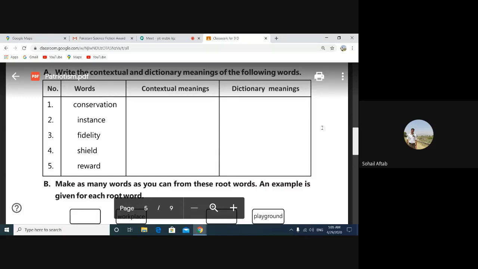Fidelity is faithfulness. When you are true to someone, that's your fidelity. Okay. And fidelity's dictionary meaning can be loyalty.